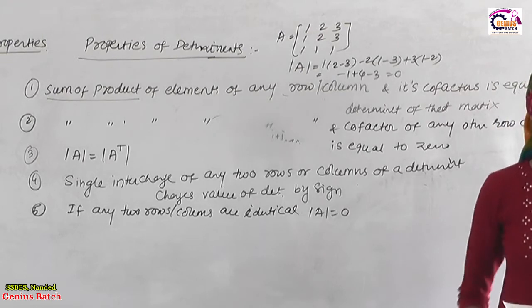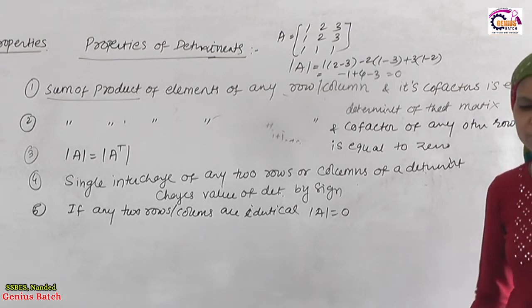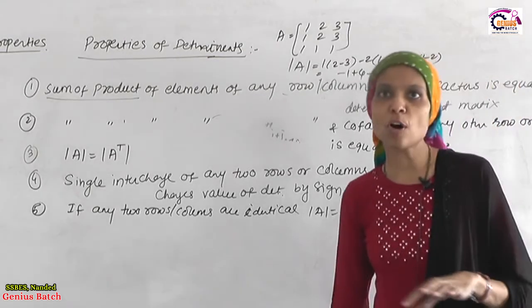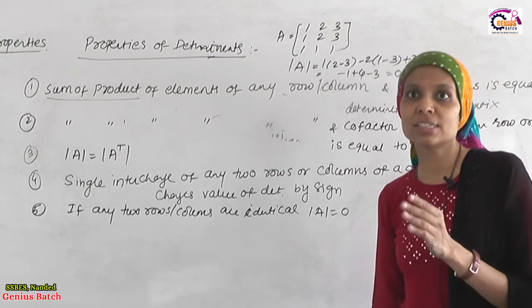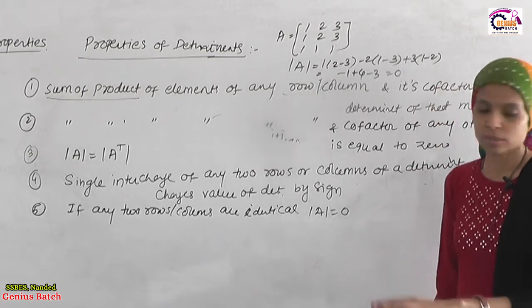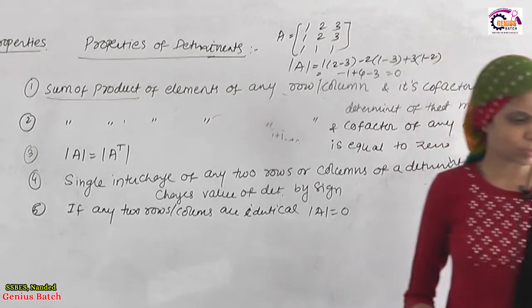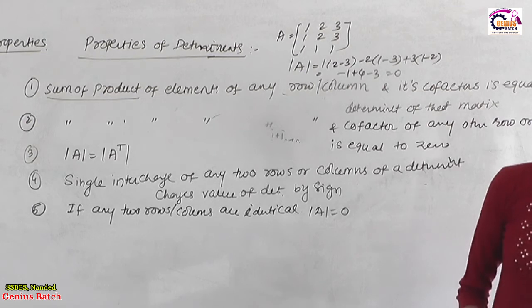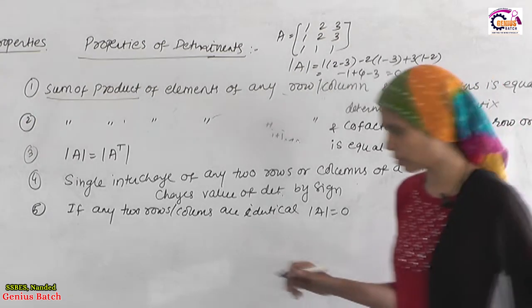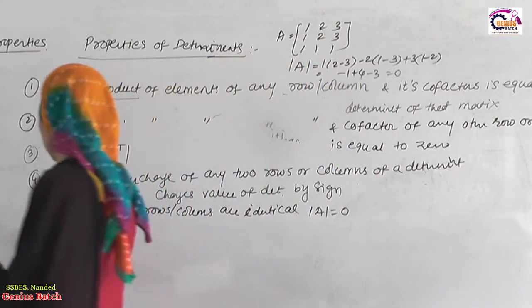Let A be a square matrix such that each element of a row of the matrix A is expressed as the sum of two elements, then the determinant can be expressed as the sum of two determinants.